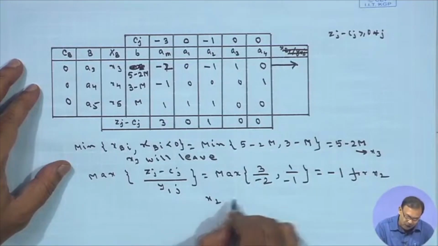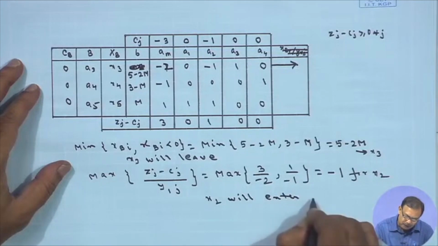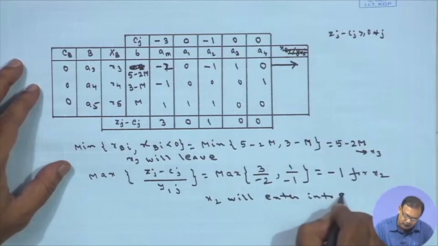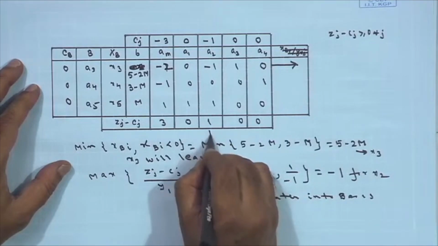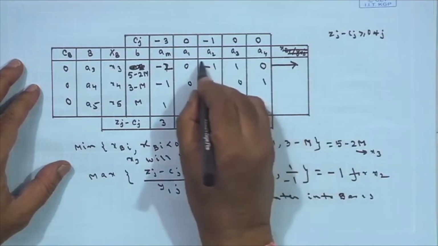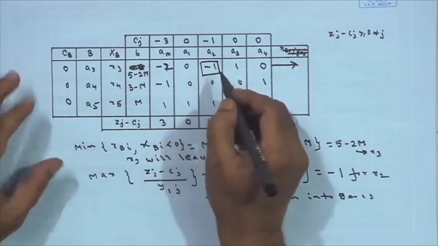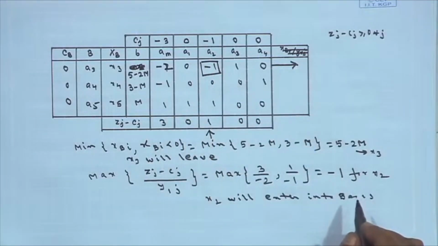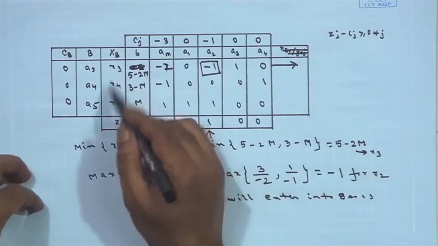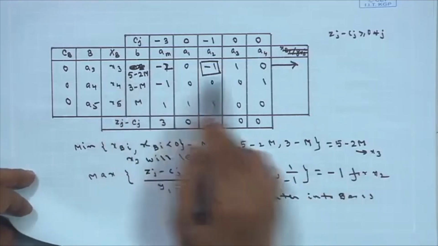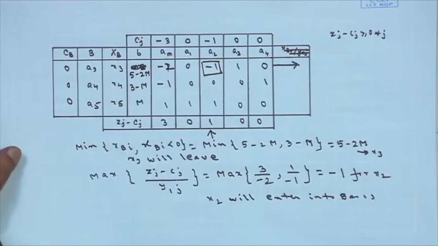Therefore, your x2 will enter into the basis. This will be the pivot element. Now, I hope it is clear to you how to calculate what will be the entering variable and what will be the departing variable. So, from this table now x3 will depart and x2 will enter.